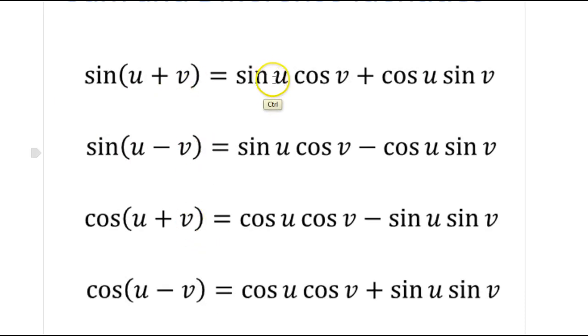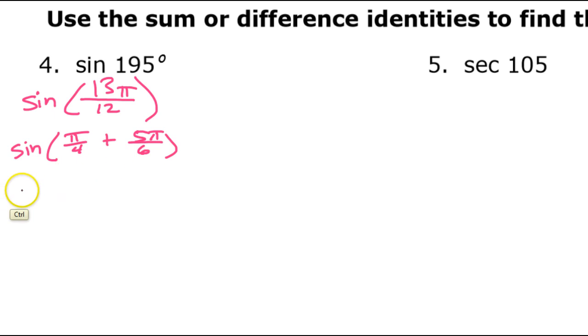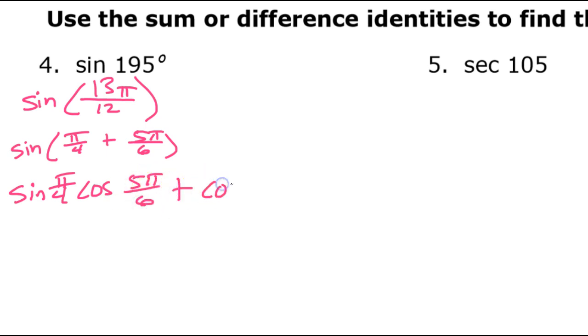And that goes sine, cosine, plus cosine, sine. So that means sine of pi over 4, cosine of 5 pi over 6, plus cosine of pi over 4, sine of 5 pi over 6.